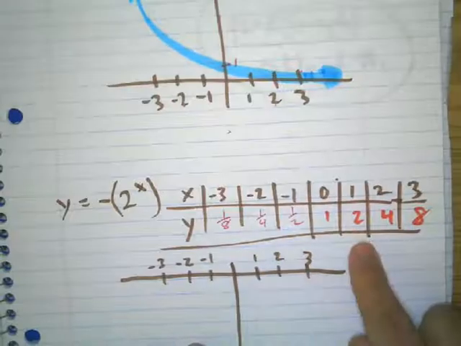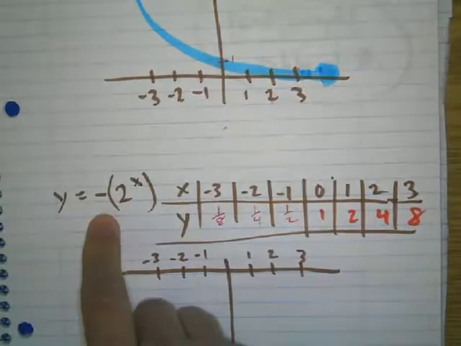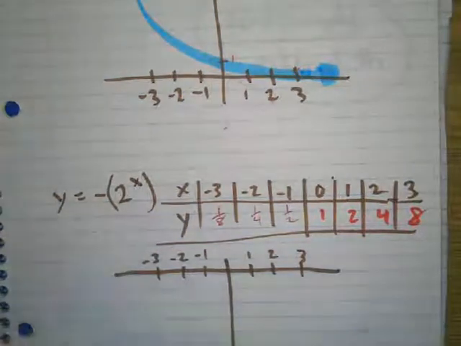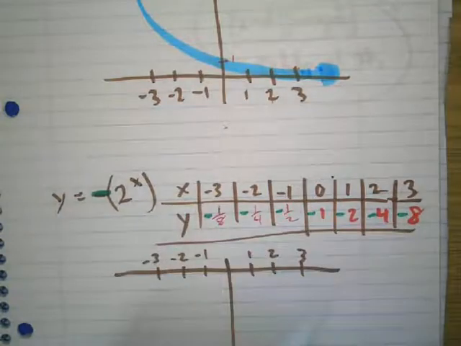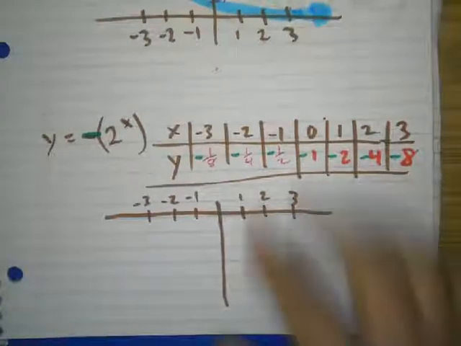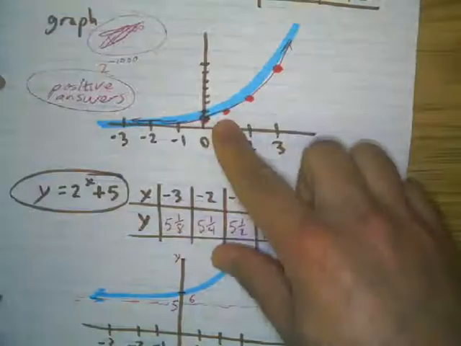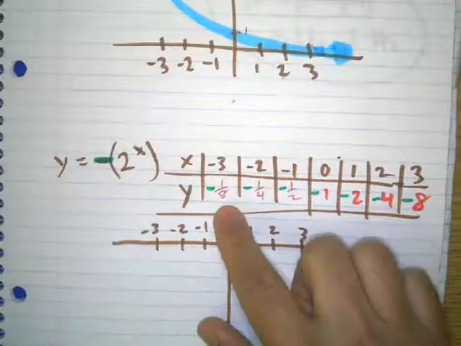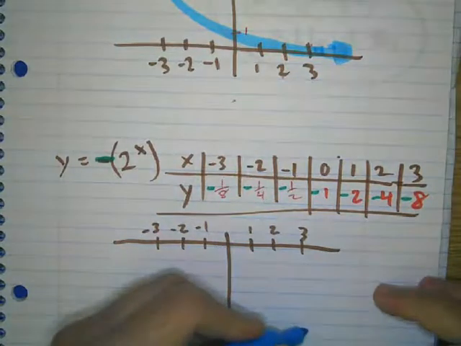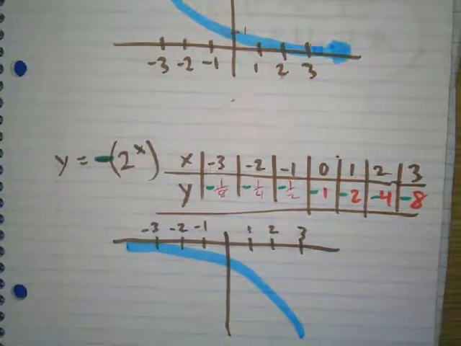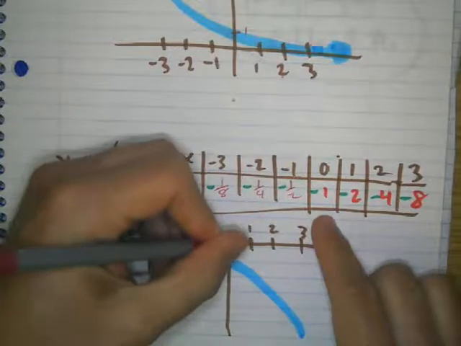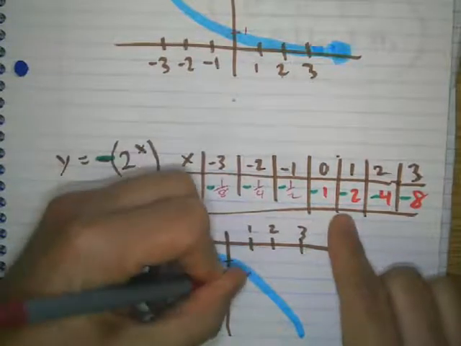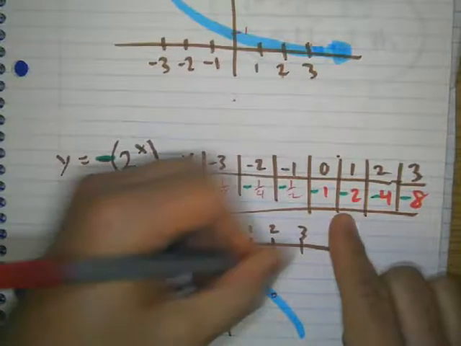We're taking all of those values from the first page, and because of this negative sign, we're making all of them negative. Okay? So basically, my graph is going to be very much like the first one here, but it's going to be a reflection. So my graph is going to look like this. Okay, this here is at -1, this here is at 2, this here is at 4, and this here is at 8.